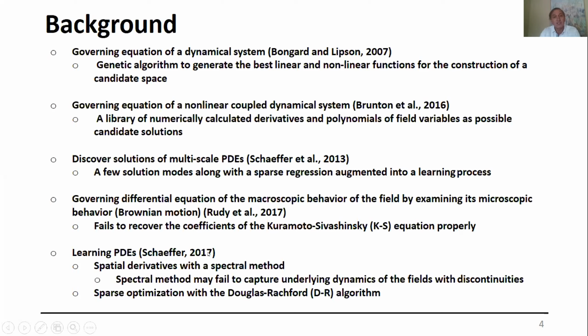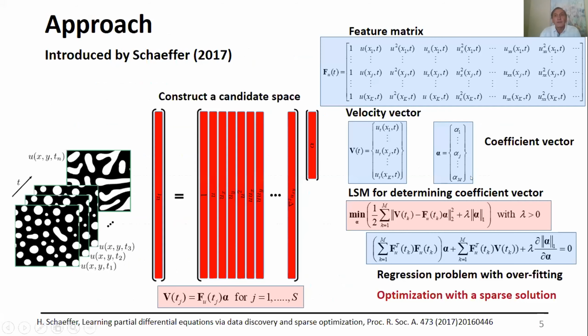And in 2017, Schaefer used the spectral method for spatial derivatives, and also used the Douglas-Rachford algorithm for sparse optimization, and introduced the concept of learning partial differential equations. The spectral method may fail to capture the underlying dynamics if you have a discontinuity. So the approach here, as I mentioned before, was introduced by Schaefer.